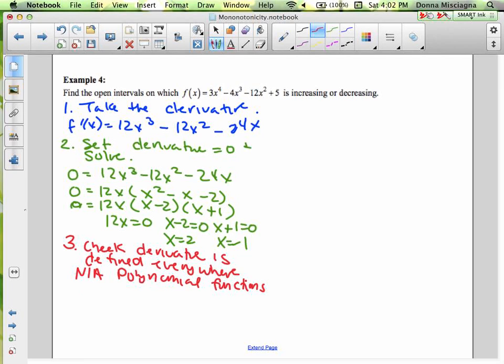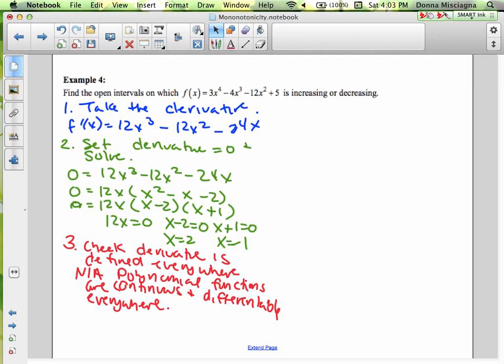If you were asked why there are no undefined points, this would be your justification. Polynomial functions are continuous and differentiable everywhere. There, now I managed not to take up so much space.